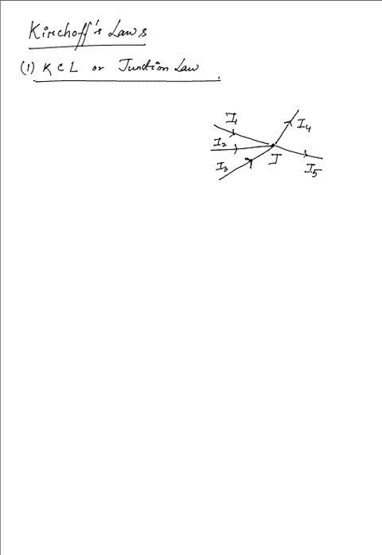Now this law states that the total amount of current that is associated with a given junction has to be equal to 0. As simple as that. Because the current never sticks or stops at the junction, it flows completely.